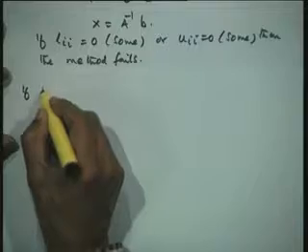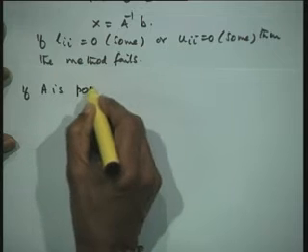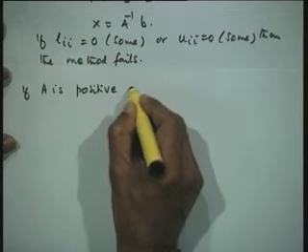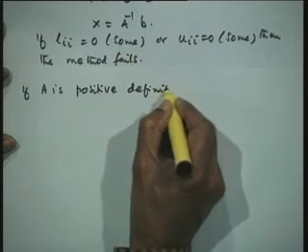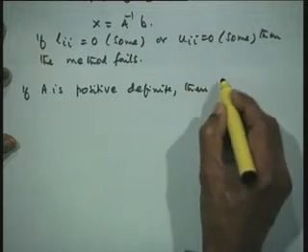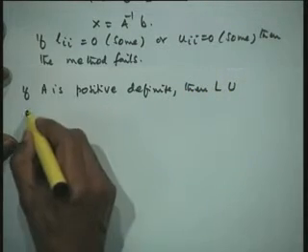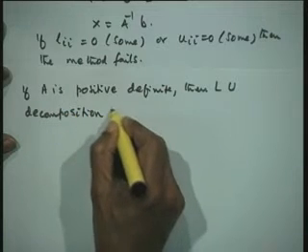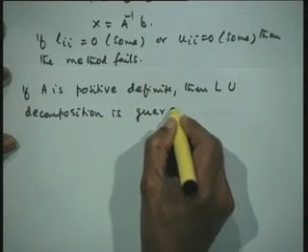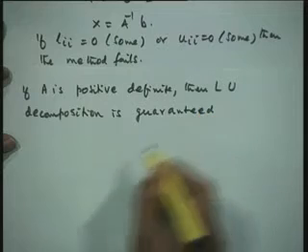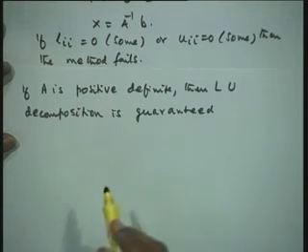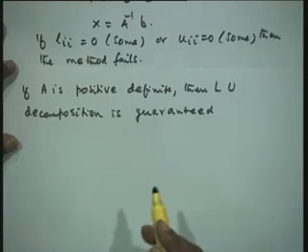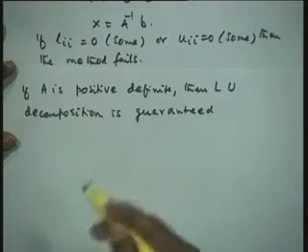So, if A is positive definite, then LU decomposition is guaranteed. We have given this: all the leading minors are positive, that is, the determinant of the 1 by 1 is greater than 0, the determinant of the 2 by 2 is greater than 0, and so on.